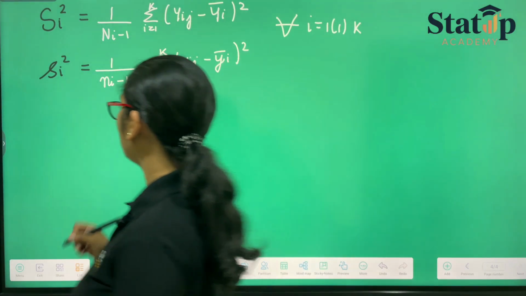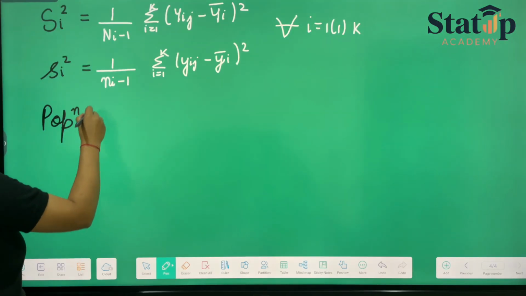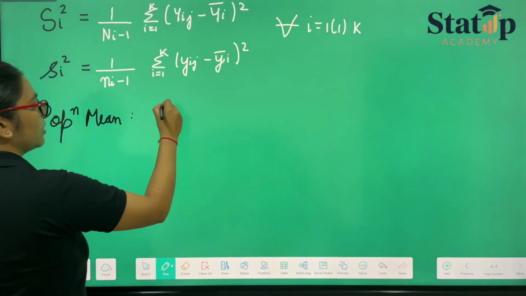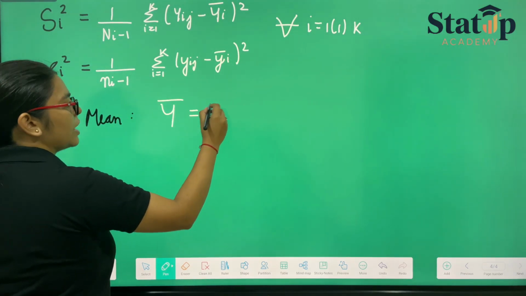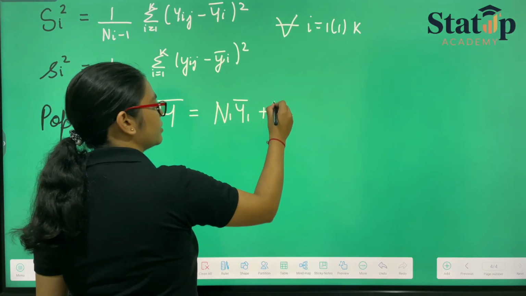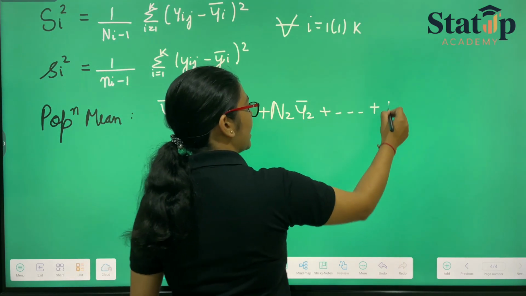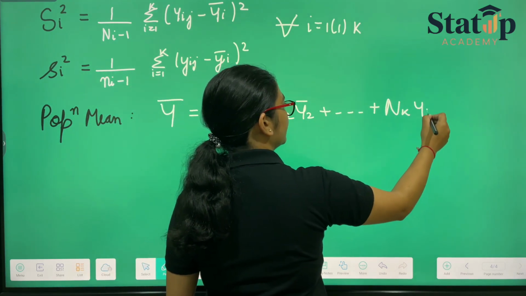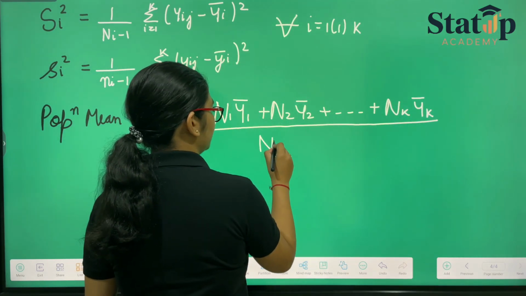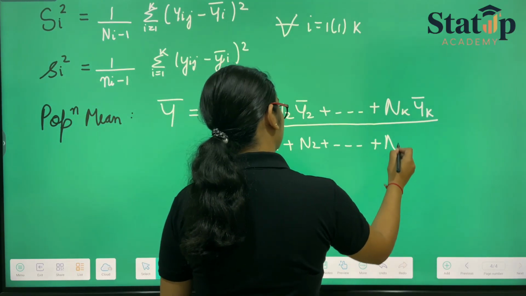Now here we will find the population mean. Population mean is nothing but Y bar, which can be written as N1 into Y1 bar plus N2 into Y2 bar up till Nk into Yk bar upon N1 plus N2 plus up till Nk.